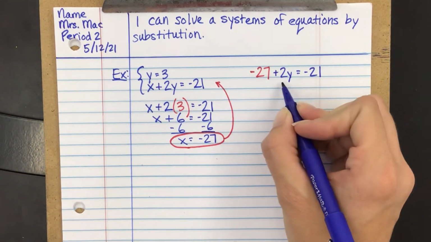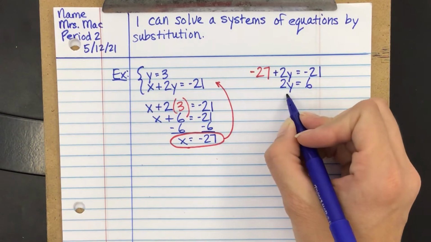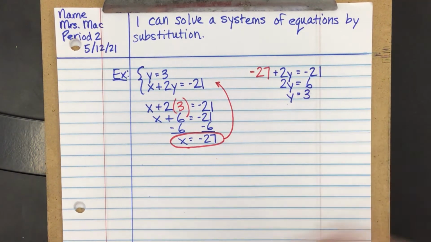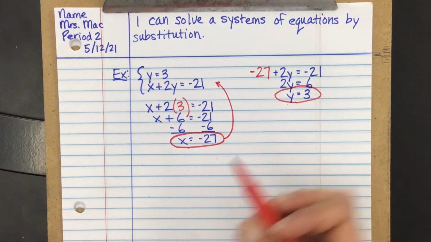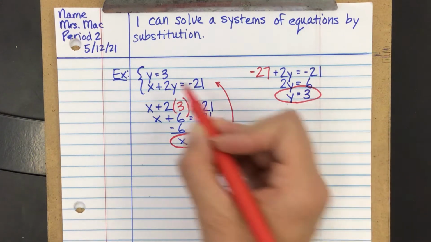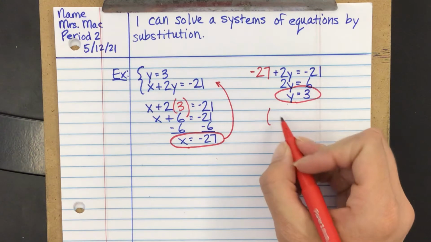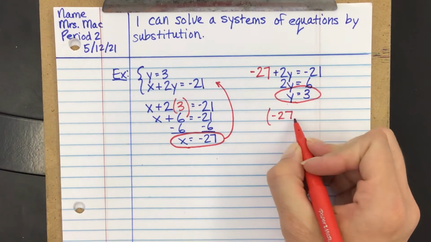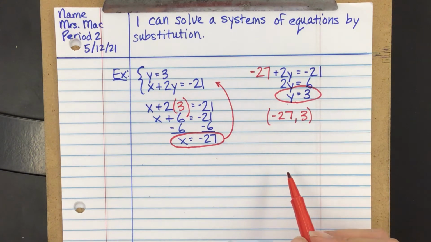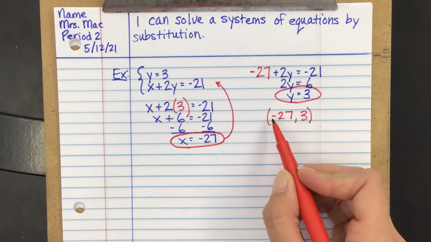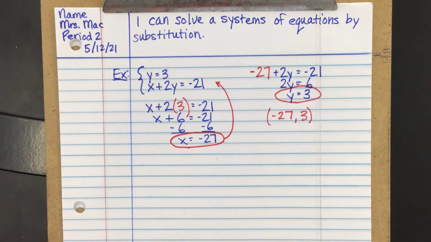And then just solve for y. And again, I get that y is 3. So that's basically a check right there. Because if I was able to use this equation to get 3 and I already know that y is 3, then my point is good. So my solution then is negative 27, 3. When you use the answer checker today, I want parentheses, negative 27, comma, 3, parentheses, no spaces.